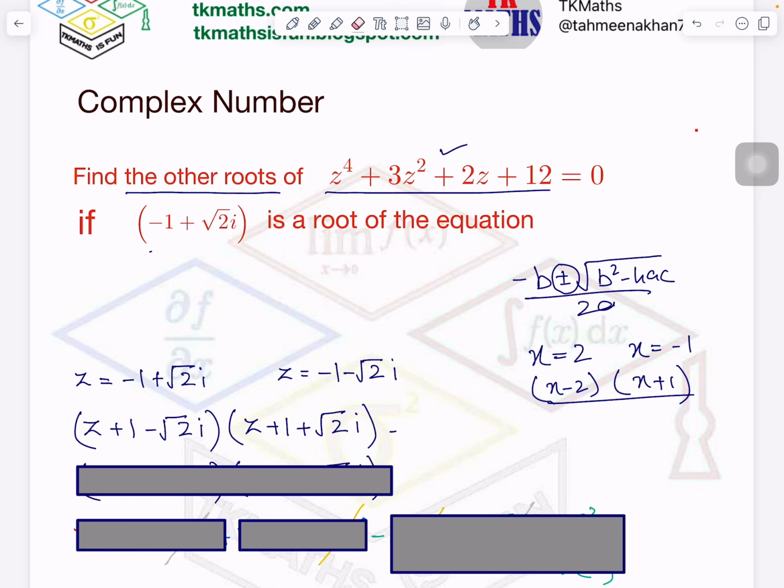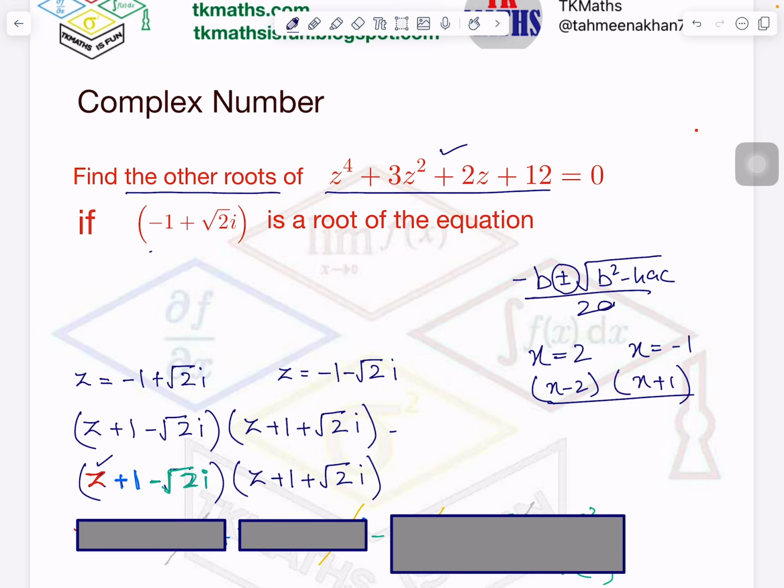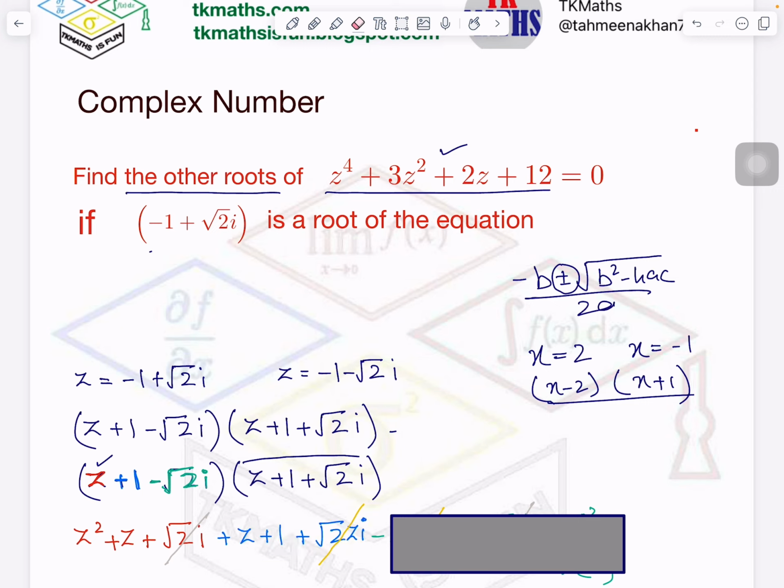I will change them into factors. So everything I brought to the left hand side. Now, I will multiply each one of these by all the other terms in the other bracket. So z will multiply by all of them, I will get this. Then plus 1, which is blue in color, will multiply by these 3 terms, I will get this. This is simple expansion, so I'm not doing it here, just letting you know.